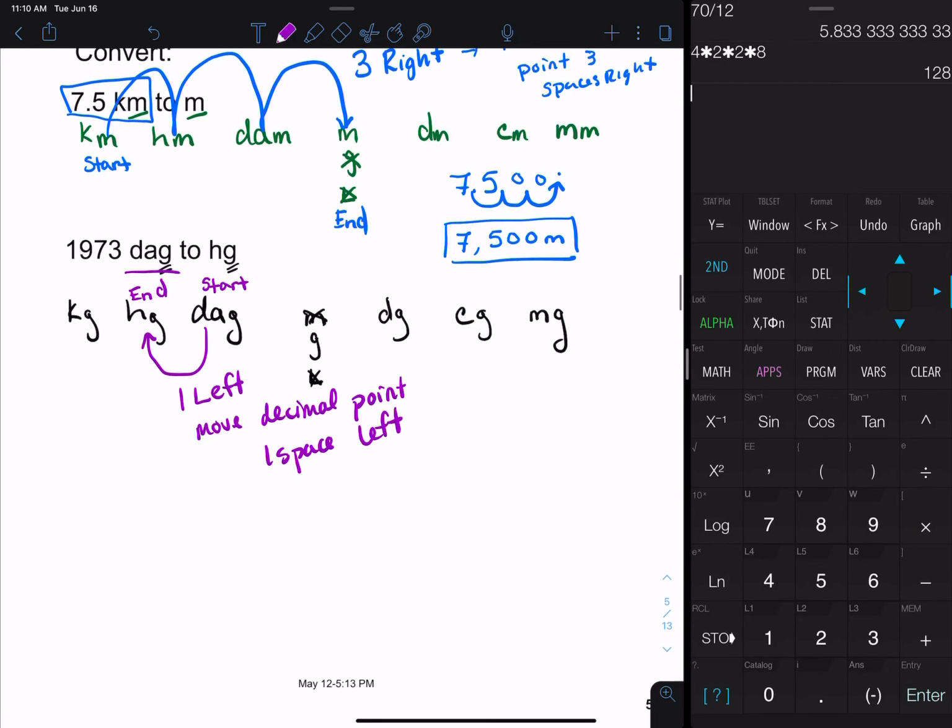So I have that 1973. When I have a whole number, there's no decimal point written there. So I know my decimal point is really at the end. I'm going to bump it 1 space to the left. And if I do that, it gives me 197.3 hectograms.